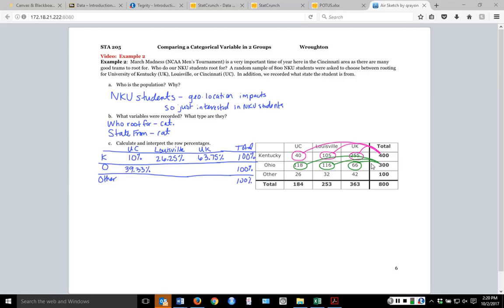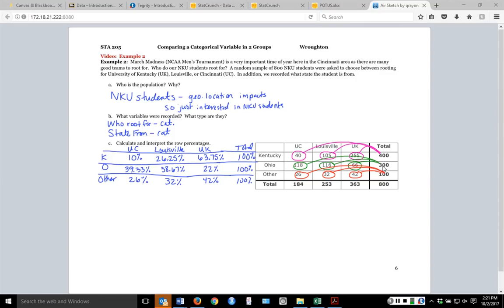I'll take my 116 divided by my 300, which is 38.67%, and I'll take my 66 divided by my 300 to get 22%. And then finally, I'll do a very similar thing here with the other group, except this time my total is 100 that I'm working with. It's a little bit easier to do those calculations. So now we've calculated the row percentages.